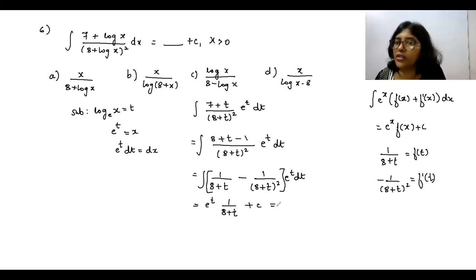And we put back the values. What is e raised to t? X. And t is log x. So our answer will be x upon 8 plus log x. That's option A. Okay. So this is an important property or formula for integration. Okay, let's go on to the next one.